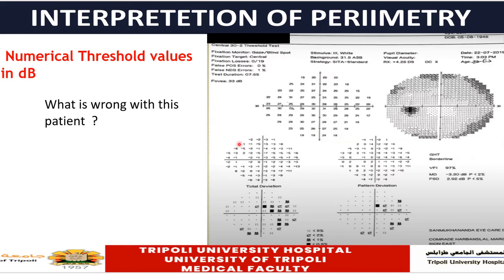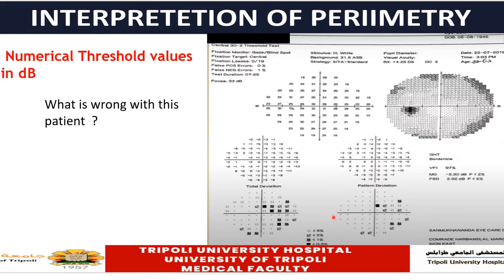However, the total deviation numerical plot and the total deviation probability plot are abnormal. Similarly, the pattern deviation numerical plot and the pattern deviation probability plot are abnormal. So there is a discrepancy between the numerical data and the data extracted after processing by statistical analysis.